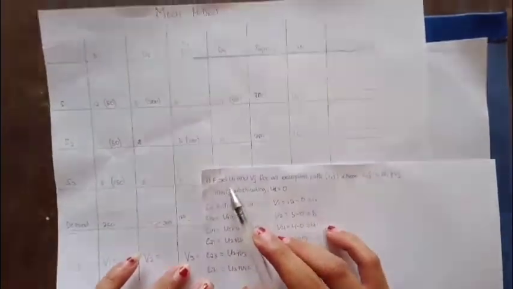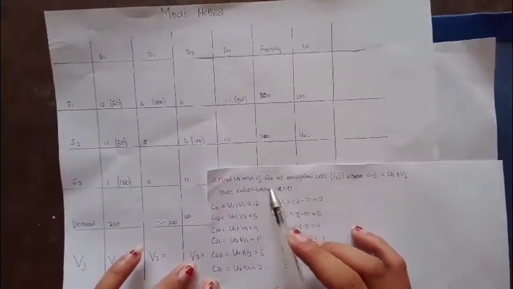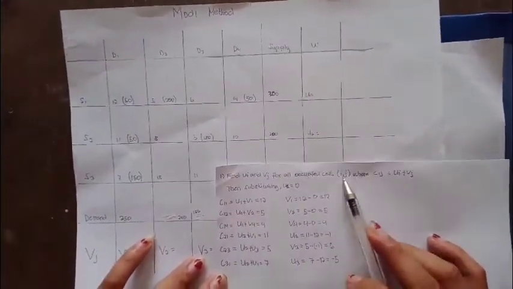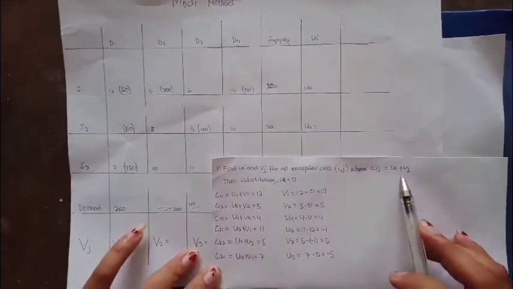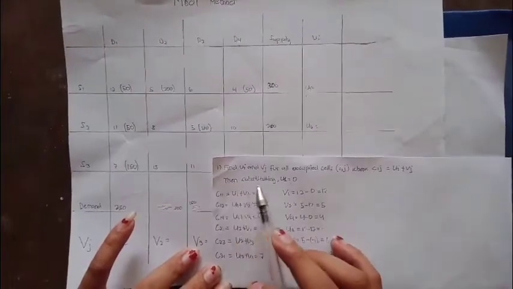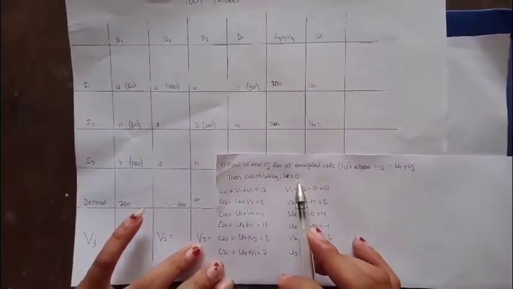First, find Ui and Vj for all occupied cells ij, where Cij is equal to Ui plus Vj. Then substituting U1 is equal to 0.